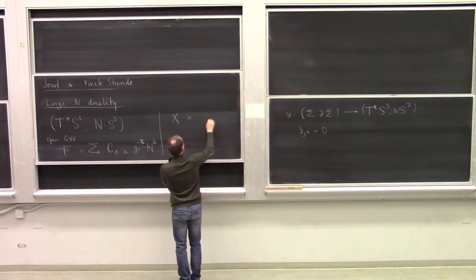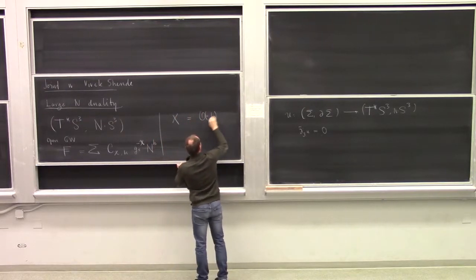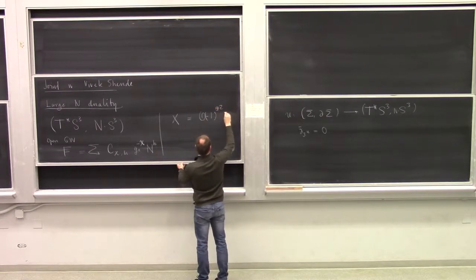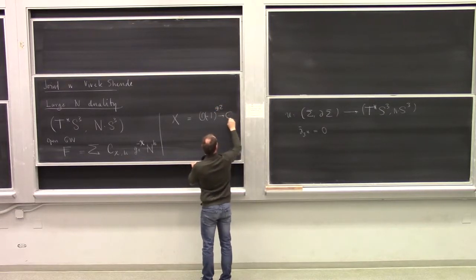a manifold X, which is the total space of O(-1) plus O(-1) over CP^1.